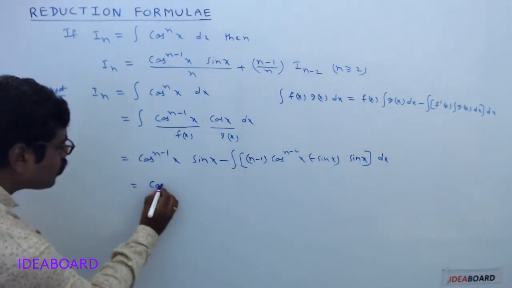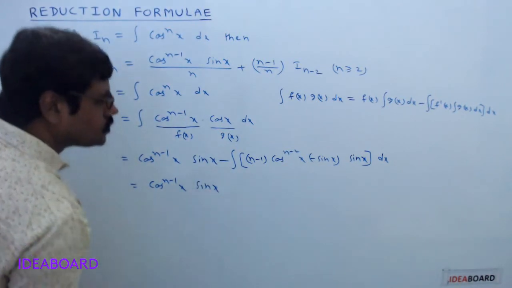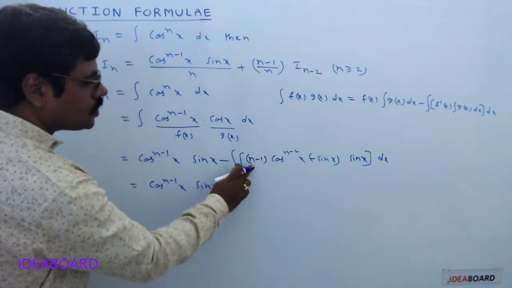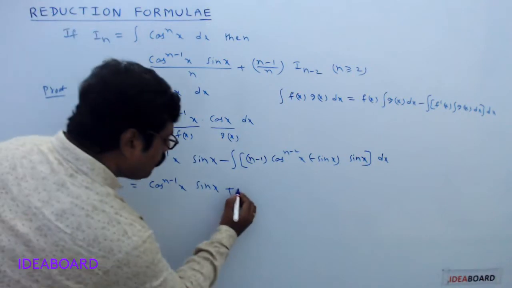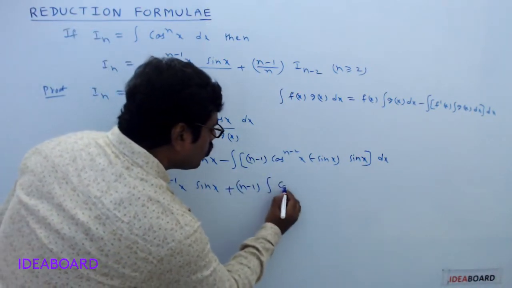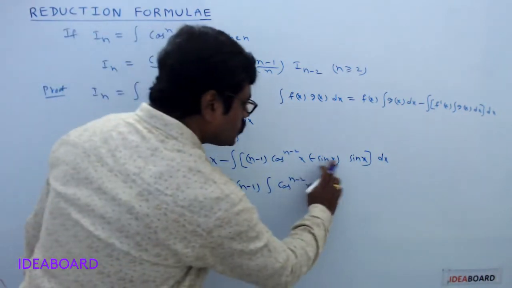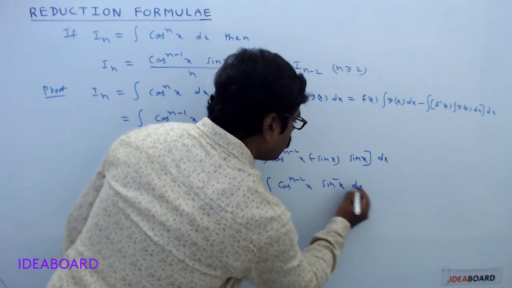Now this equals cos power n minus 1 x into sin x. Now minus into minus is plus, and n minus 1 is the constant term, so you can take it outside of the integral: n minus 1 into integral cos power n minus 2 x into sin x into sin x, that is sin square x dx.